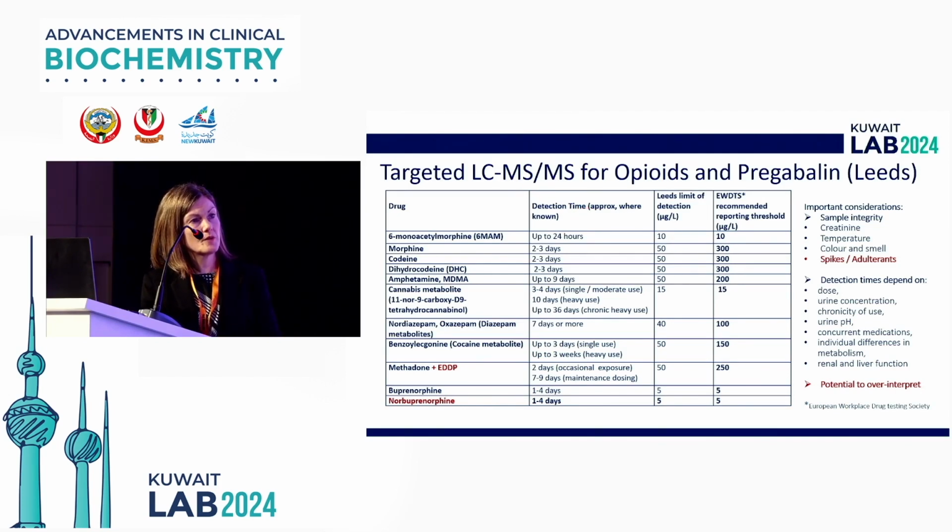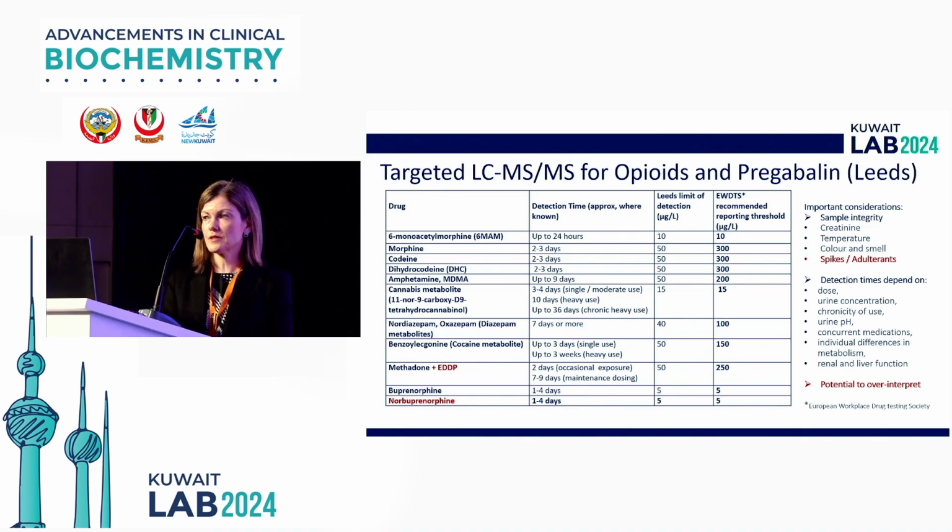You also need to appreciate that for some drugs, if that drug is used chronically, then it's going to have a longer window of detection in their sample. We provide quantitative results, but it's important to recognize that there is a potential to overinterpret. Sometimes we get inquiries from the clinical team saying, last week this value was much higher, does that mean they're now using less?